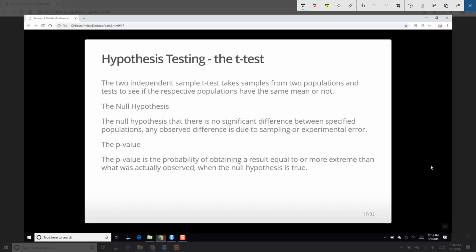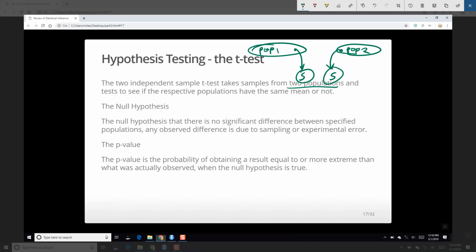It says we're going to take samples from two populations. So here is population 1, and here is population 2. From population 1, we draw a random sample, and from population 2, we draw a random sample.